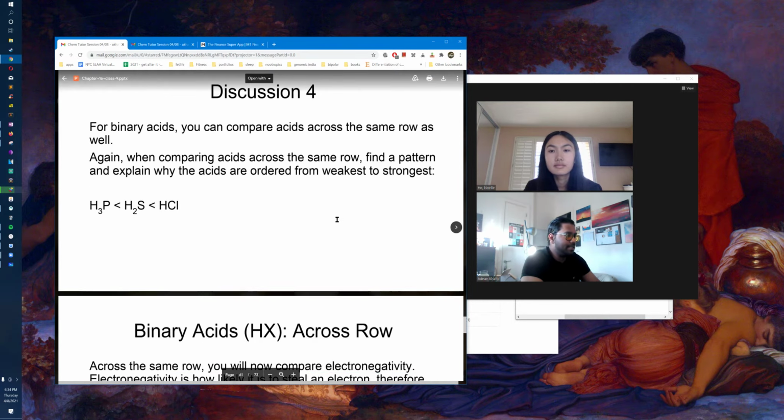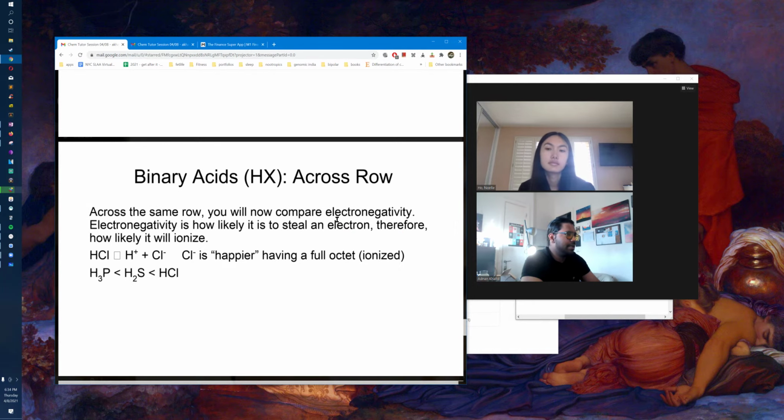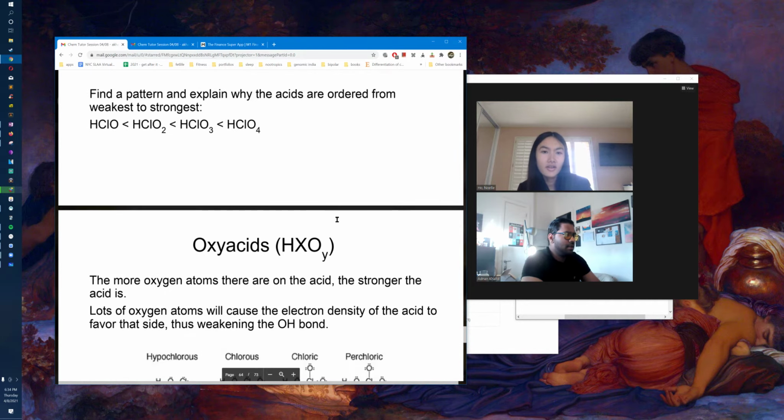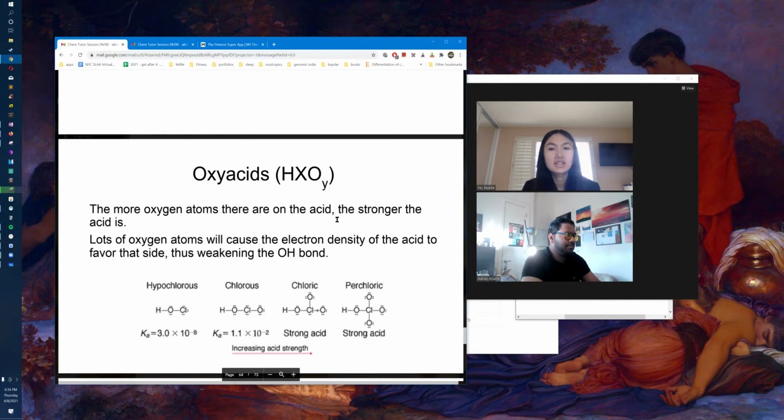Okay, binary acids across the row. Okay, oxyacids make sense? I think so. It's kind of the same with electronegativity, and then the amount of oxygen atoms present.